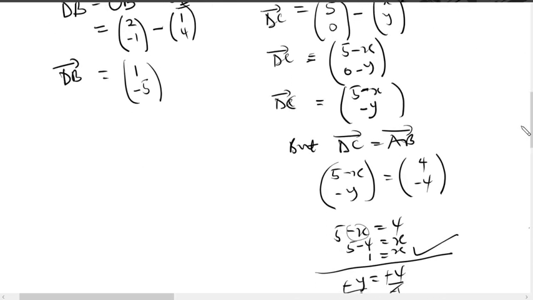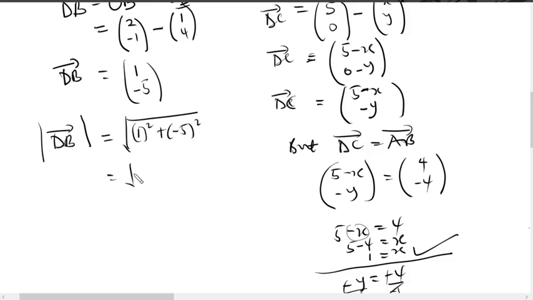But that is the vector. We've been asked to find not just the vector, but the magnitude of the vector. So the magnitude will be the square root of the x part squared, that is 1 squared, and the y part squared, that is -5 squared. So we have the square root of 1 squared is 1, -5 squared is 25, and 1 plus 25 is 26. So there is root 26 units, and this is the magnitude of the vector.